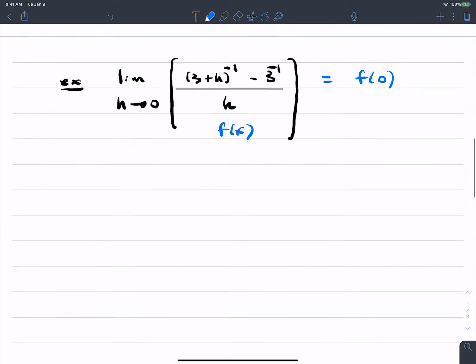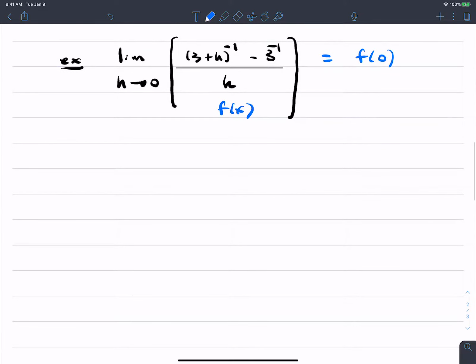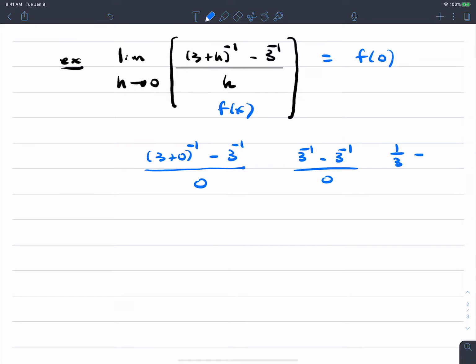And this is what this equals, f of 0. So we're going to plug that in, and we're going to notice we get (3 plus 0) to the minus 1 power minus 3 to the minus 1 power over 0, which is going to be 3 to the minus 1 minus 3 to the minus 1 over 0. And we get 1/3 minus 1/3 over 0.